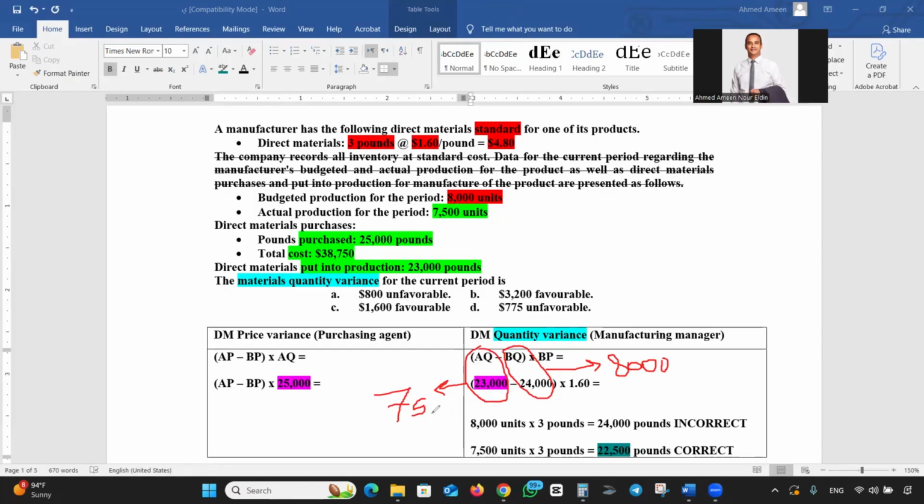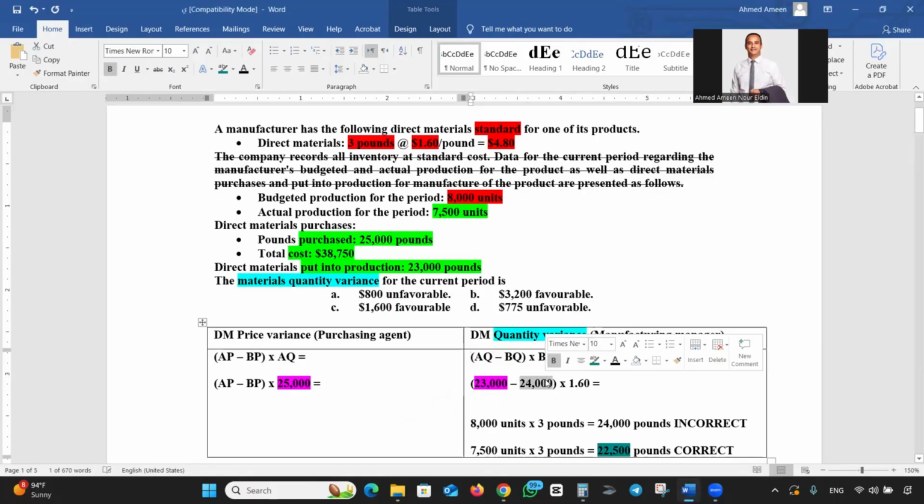So it is not correct to compare the actual quantity of direct material with the budgeted quantity for producing another amount of outputs. So the 24,000 must be replaced by 22,500 written below, and 22,500 will be colored with the same color.